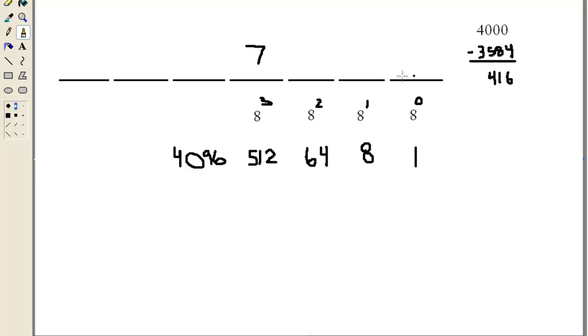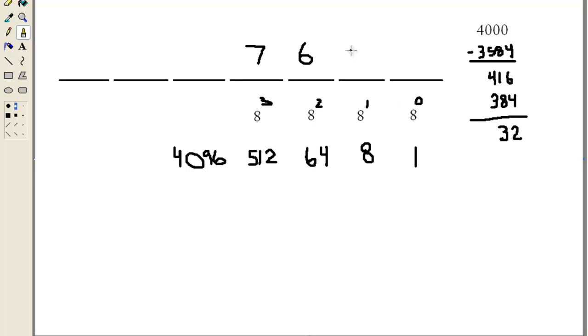Okay, so now how many times does 64 go into 416? Well, that's 6 times. Okay, so then we have 6 times 64 is 384. Now, that would mean that there are 32 place values remaining.